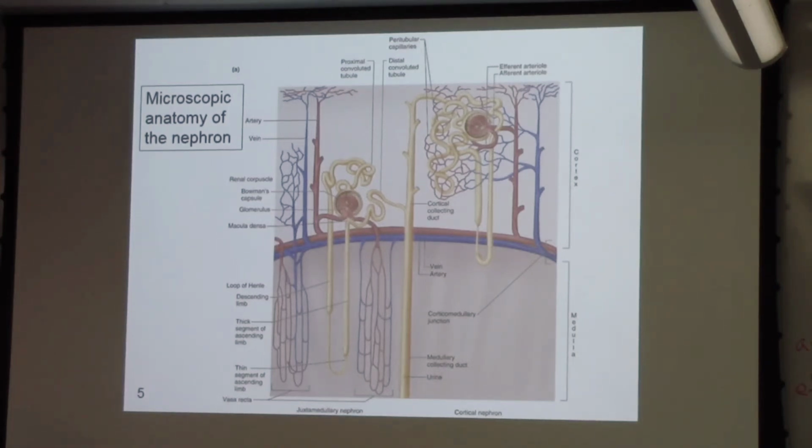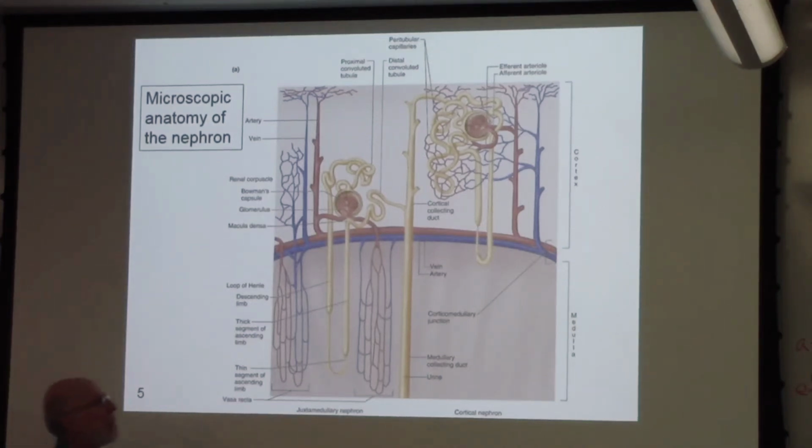The order of urine flow goes like this. In the glomerulus, the filtrate is formed in Bowman's space, the space between the glomerular capillaries and the Bowman's capsule. Filtrate, remember, 100 mils per minute, is formed in the millions of these glomeruli. It gets processed through the proximal tubule, through the loop of Henle, descending and then ascending, the distal tubule, the cortical collecting tubule, and the medullary collecting tubule.